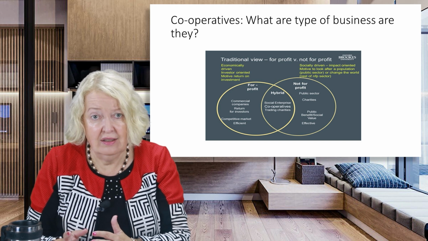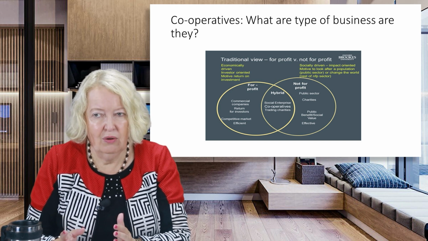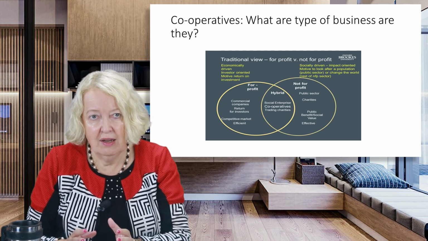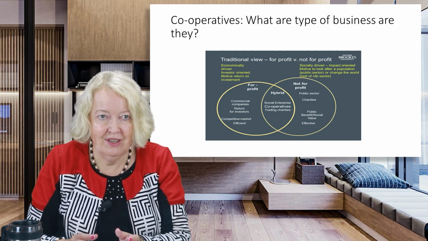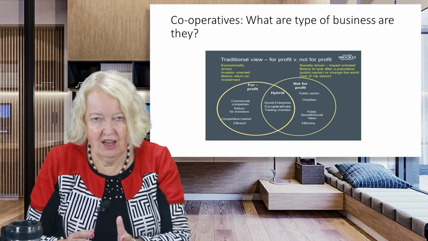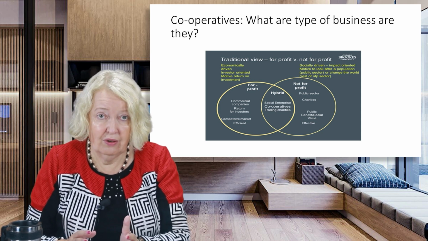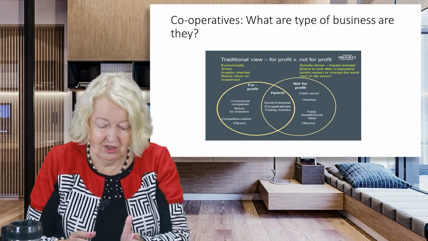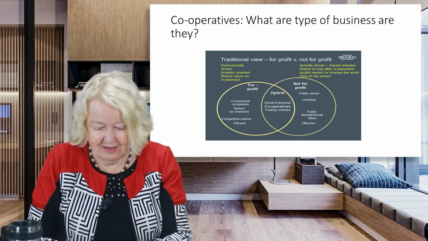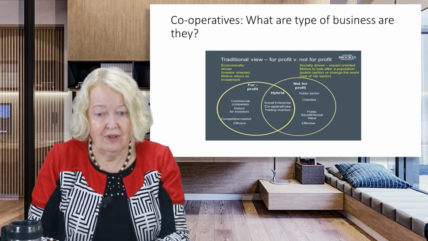Others are strictly in the not-for-profit sector. But overall, I would say that cooperatives are more of a hybrid. They're not totally for-profit, but they're not totally not-for-profit. So they fall into this hybrid category with other organizations such as social enterprises and trading charities, for example.